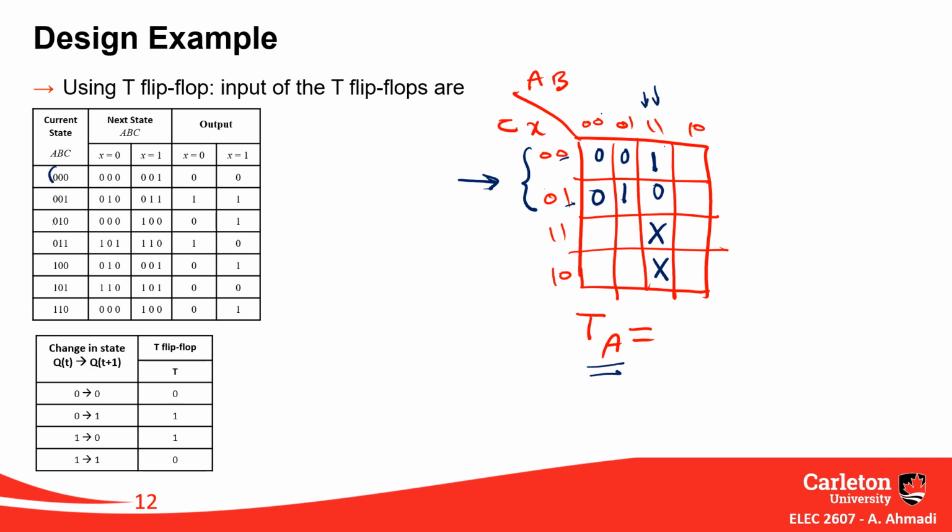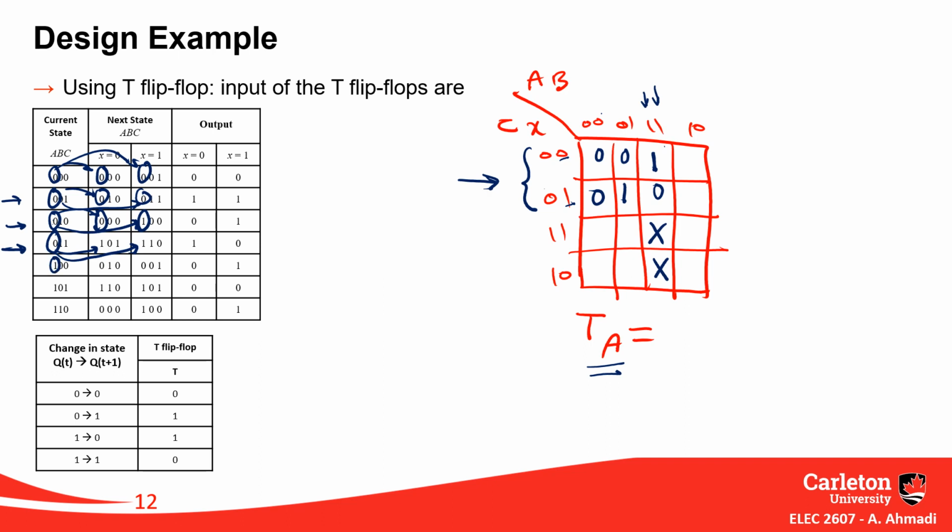Transition from 0 to 0, transition from 0 to 0 in the second row, transition from 0 to 0 again in the third row, transition from 0 to 1 in the fourth, transition from 0 to 1, right?